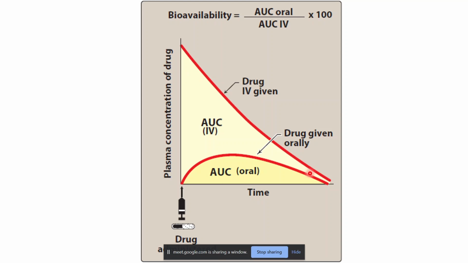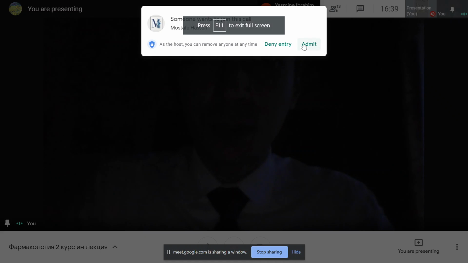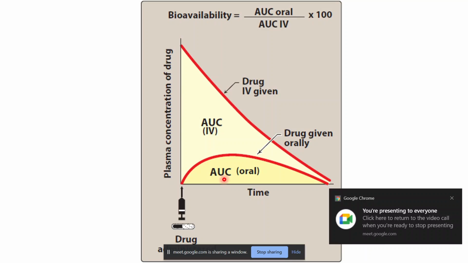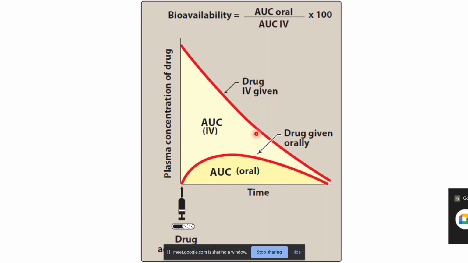So if we calculate this area under the curve, and divide the oral to the intravenous, and then multiply by 100 because it is in percentages, then we will get the bioavailability.